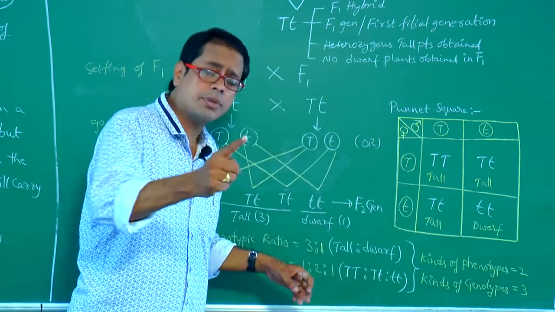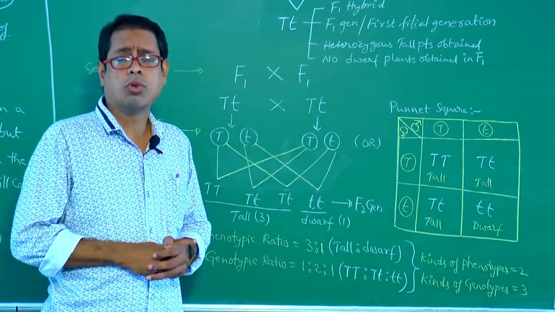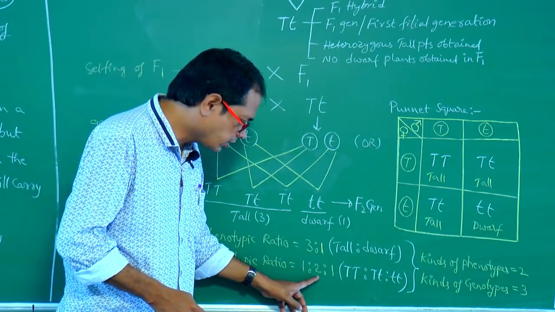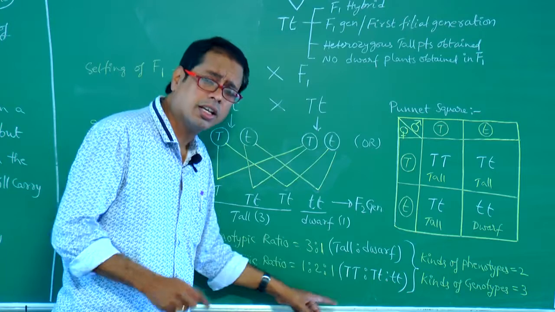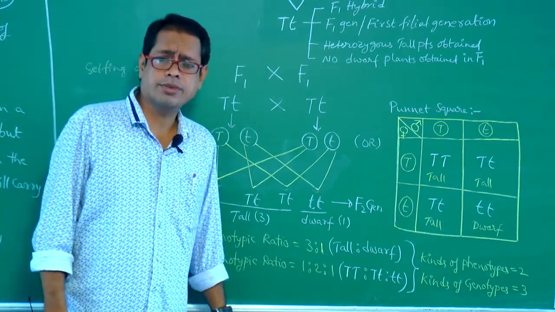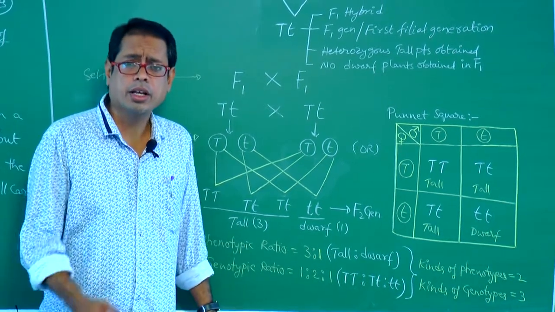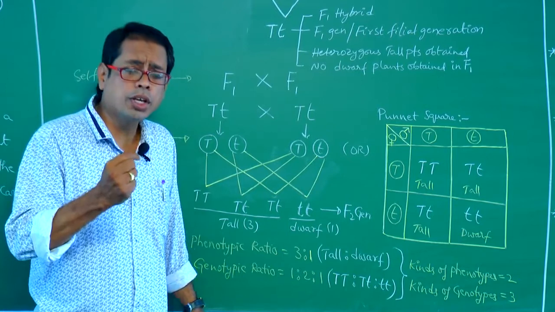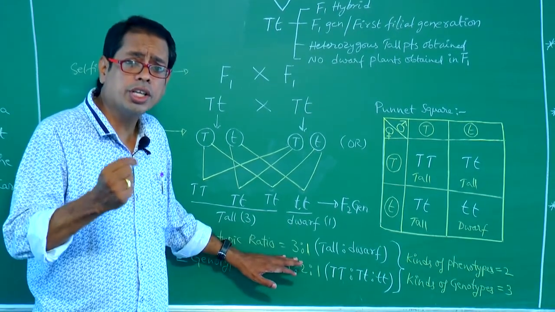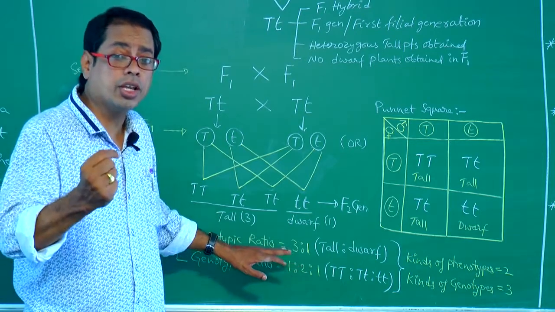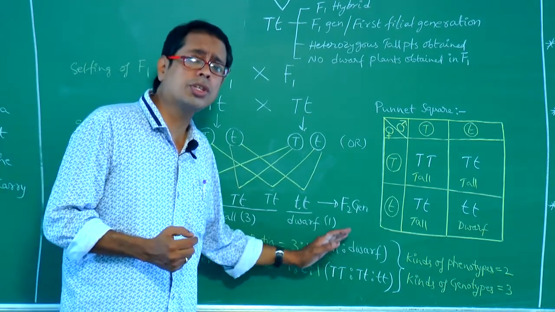Kinds of genotypes in F2 monohybrid cross: 1, another one, another one. How many kinds? 3 kinds. Try to remember, my dear students, these ratios are very, very important. In monohybrid cross, F2 phenotypic ratio is 3:1, genotypic ratio is 1:2:1.